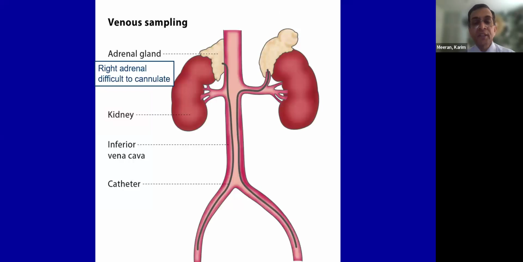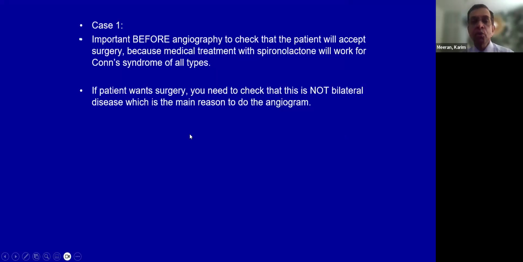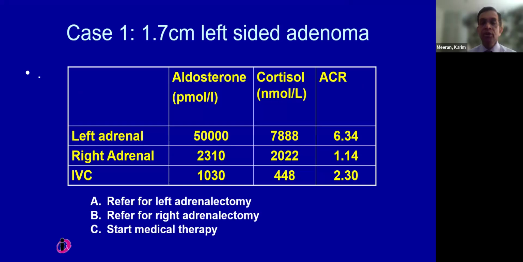Now, a bit about venous sampling. You cannulate both groins and you thread the lines into the left adrenal, where there's a 1.7 centimeter lump, and the other side you cannulate the other adrenal. Then you take blood from them and you measure various things. You want to make sure that it's not bilateral, which is the main reason to do the angiogram.